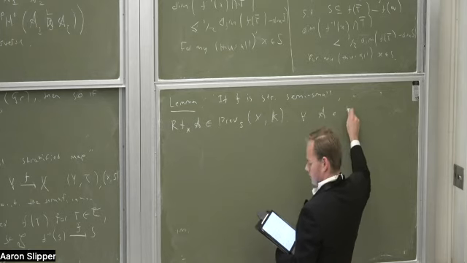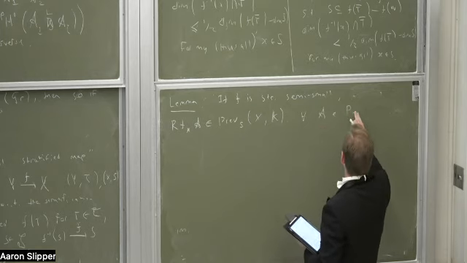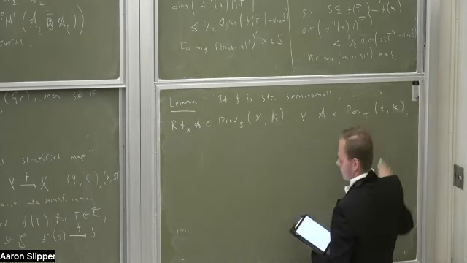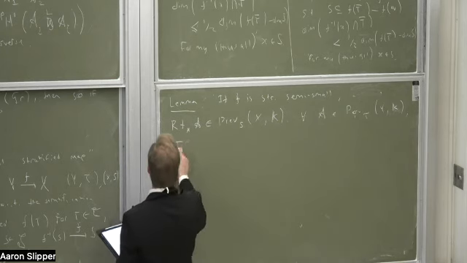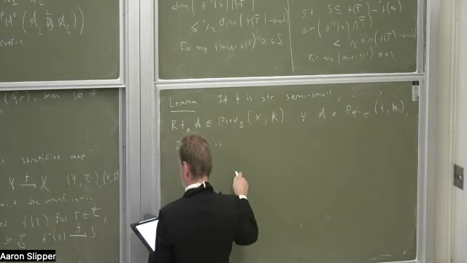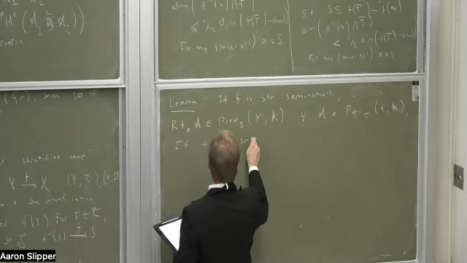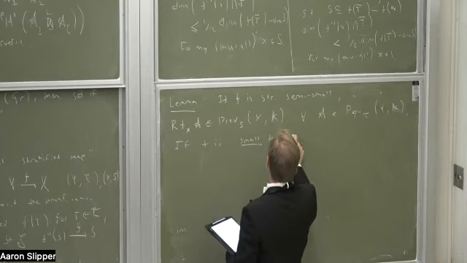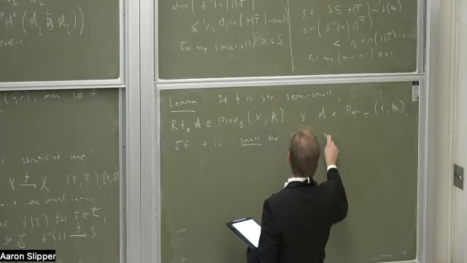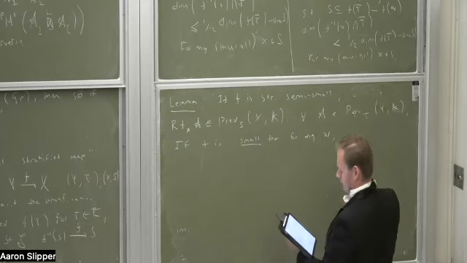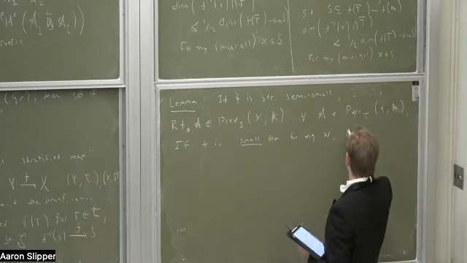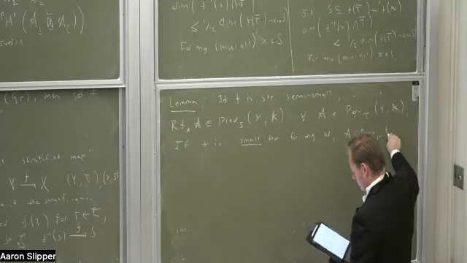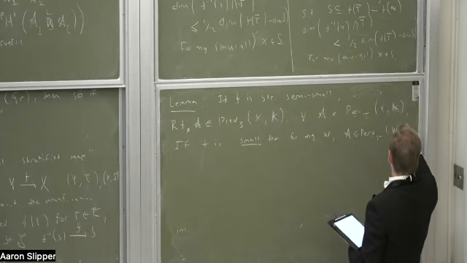And if F is small, then for any such W, as in the definition, and A on W, okay.